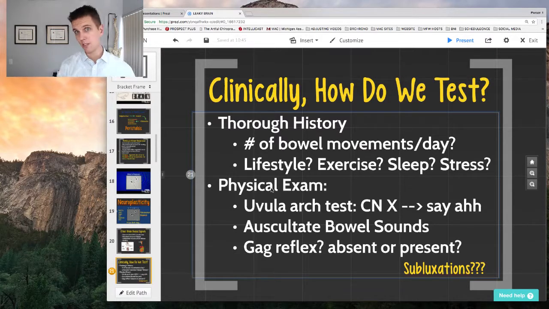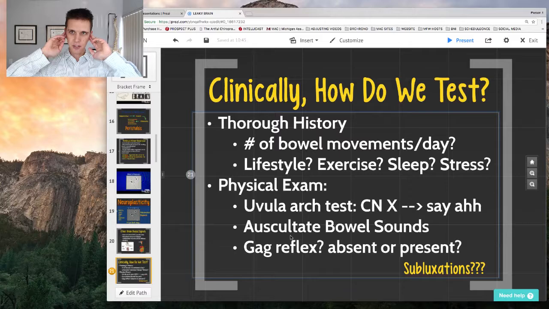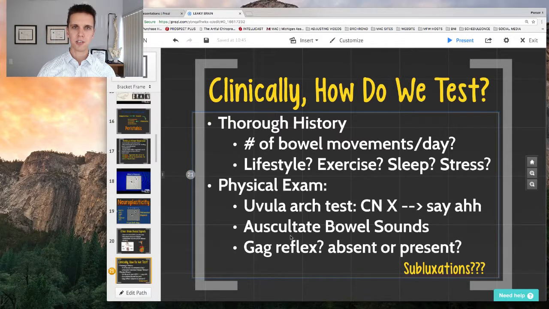The other thing I love to do in the office is auscultate the bowel sounds with a stethoscope, listening in all four quadrants of the intestines. Going back to what we said earlier, does this person have a gag reflex? Is it absent or present?